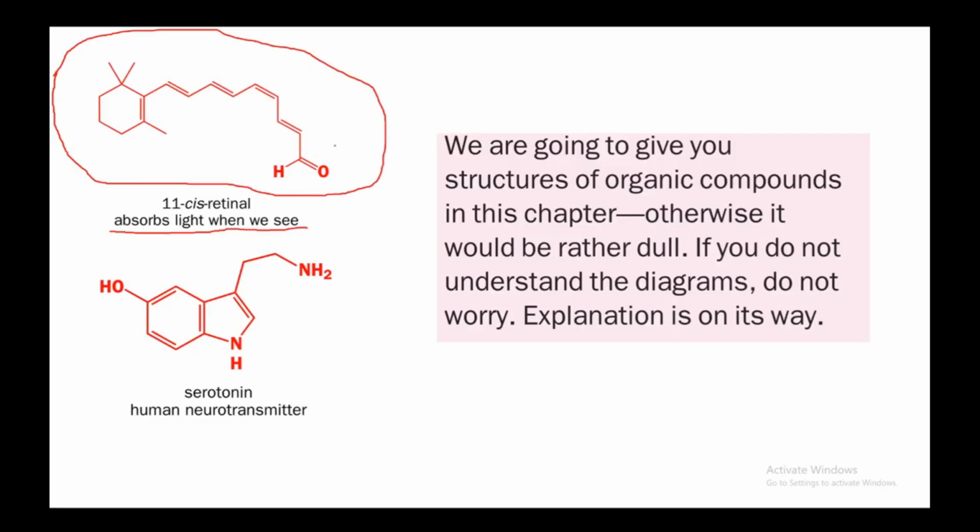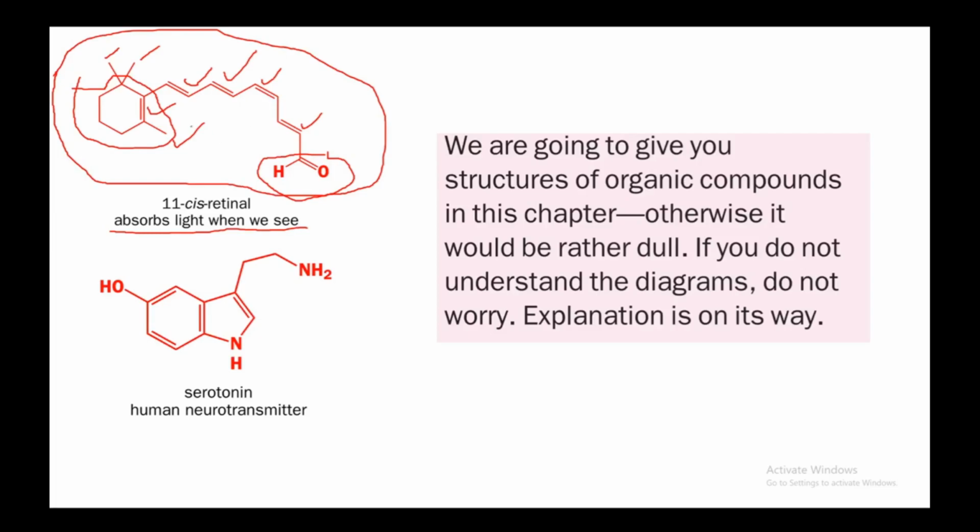It contains an aldehyde group, and alkene double bonds: 1, 2, 3, 4, and 5 double bonds. It also contains a six-membered ring and three methyl groups. So this is the structure of a molecule which is responsible for the vision of what we see, and it is present in the eyes of human beings.